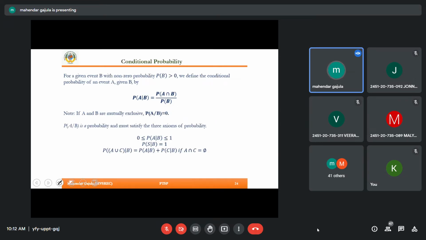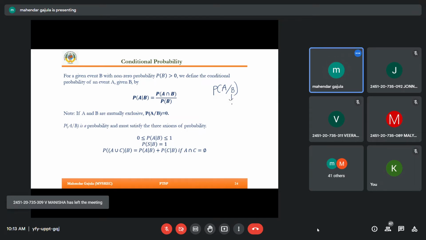Next, conditional probability. The conditional probability can be represented as probability of A slash B. We read that slash as given. You have to read it as A given B. A is one event, B is another event.